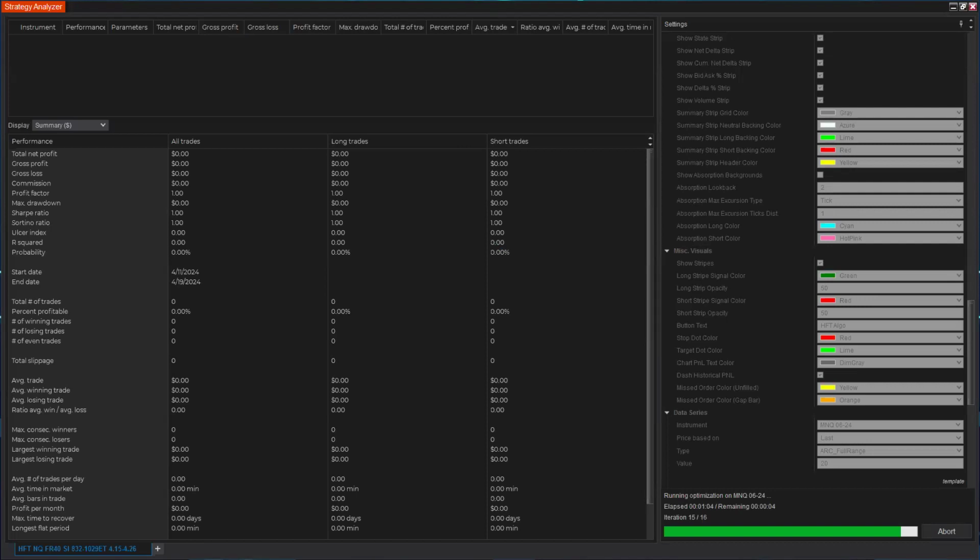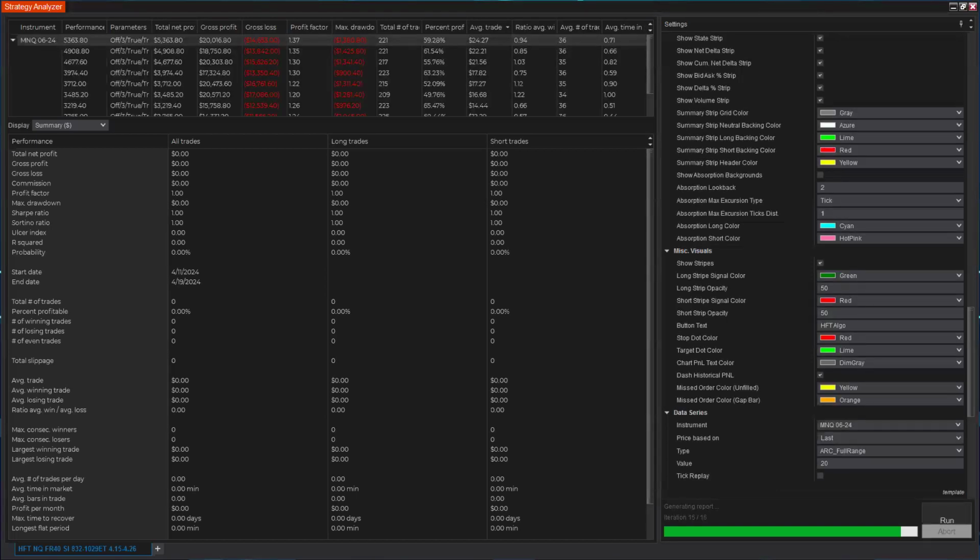To TJ's point on running this kind of semi-discretionarily, there's two ways to do it in the algo. One is to simply use the user interface menu button, the drop-down button on the top of the screen, because when you click that, you have an option to change the trade direction or to even turn it off there.